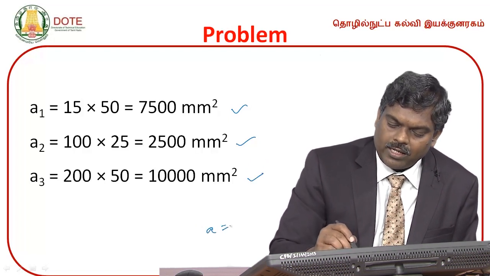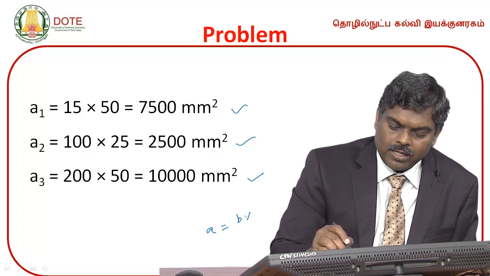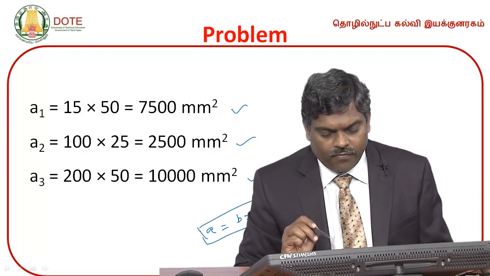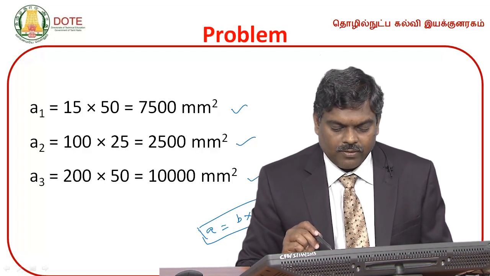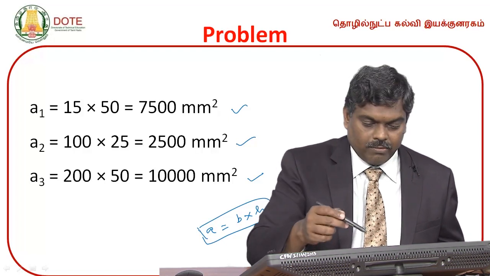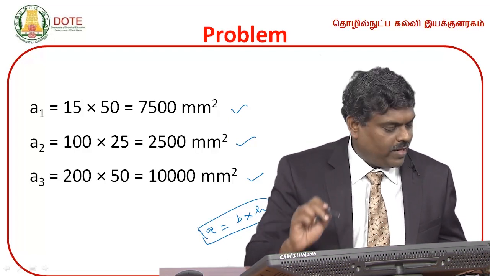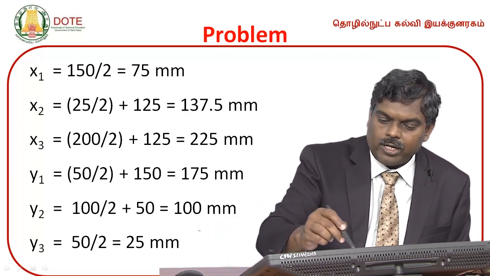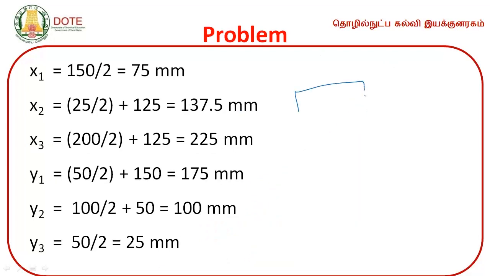So a rectangular cross section means B into H. What is the formula for area? Area for a rectangular cross section is given by B into H. By directly substituting the values, we can easily calculate the areas. Then we have to find X1.